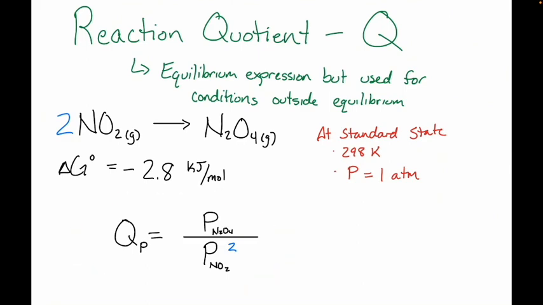So first of all, what is Q at standard state? If I plug in that 1 atm for my pressures here, what's 1 divided by 1 squared? 1. So Q is 1 at standard state.